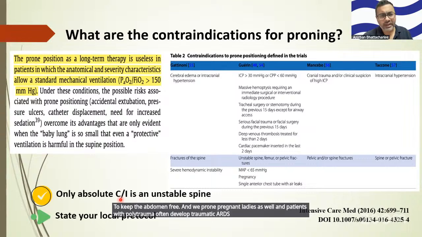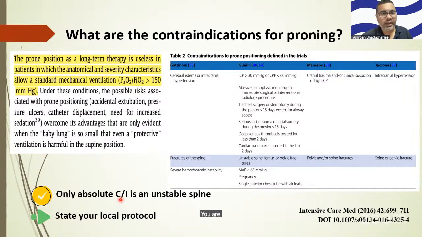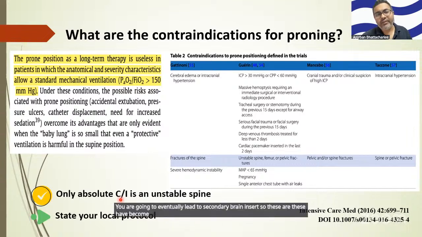Sometimes if they develop severe ARDS, we have to do a balancing act between raising the ICP or creating cerebral hypoxia, because if you do not maintain blood oxygenation, you are going to eventually lead to secondary brain insult. So these have become sort of relative contraindications. The only absolute contraindication that remains is an unstable spine.